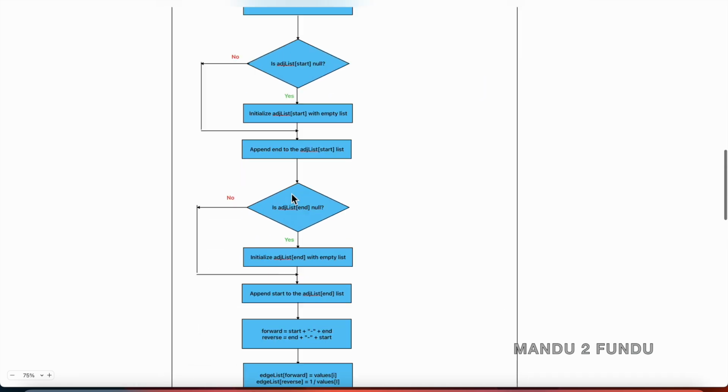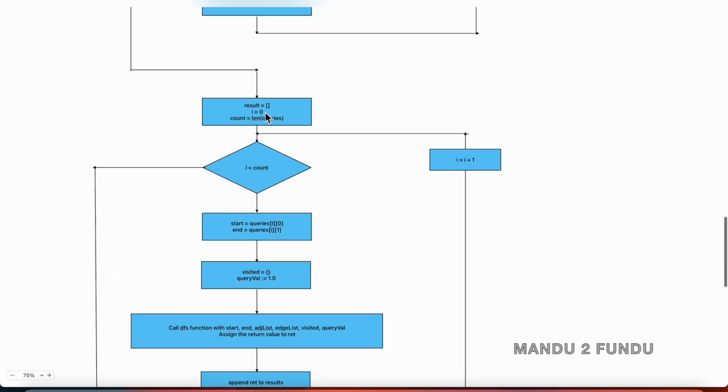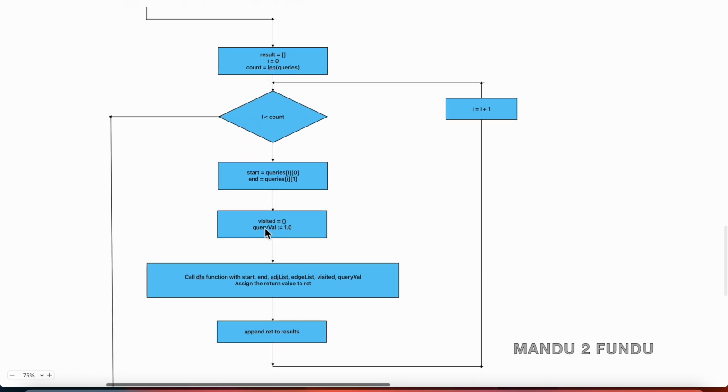Once the edge list and the adjacency list are built, we enter this for loop. This will go over all the queries given in the queries array. Basically we initialize the start vertex with the first element in each query, and the end vertex is initialized with the second element in the query.